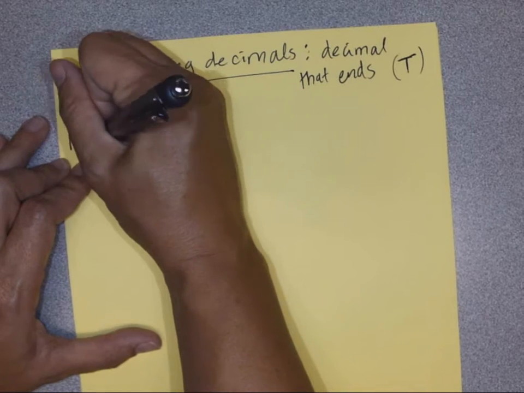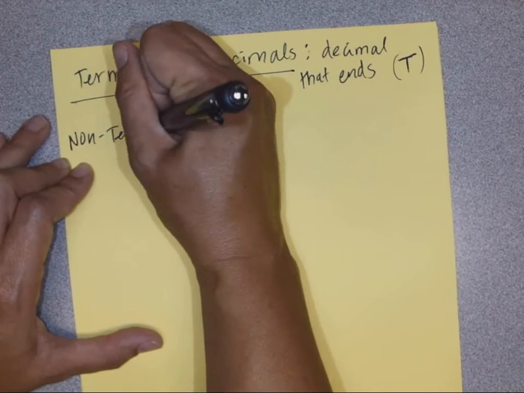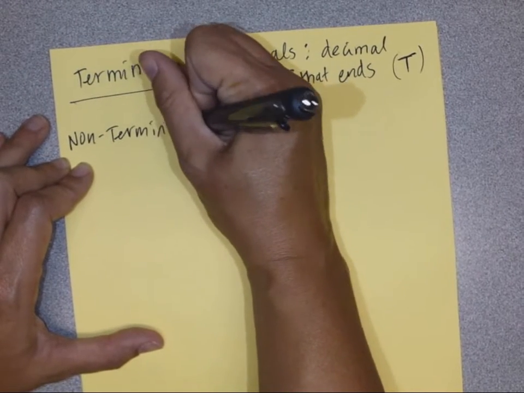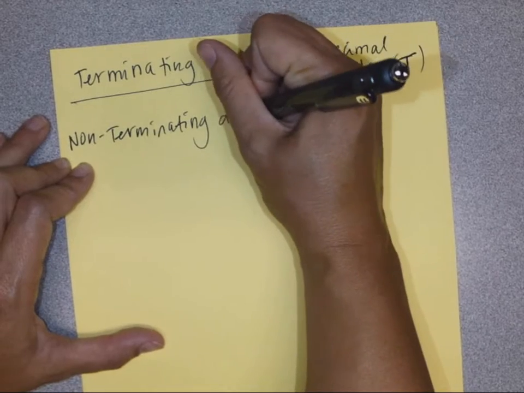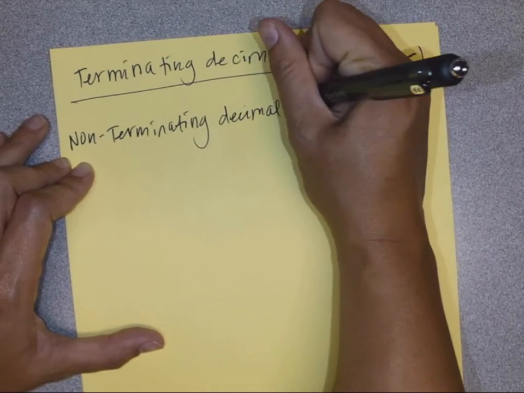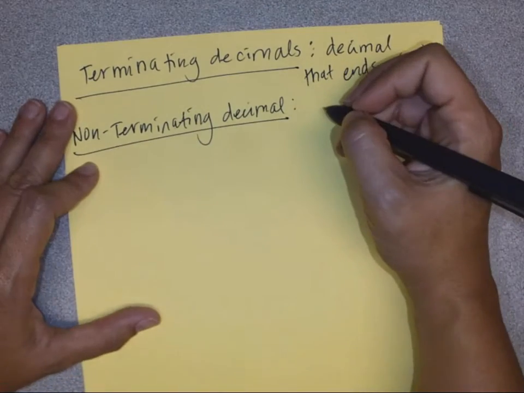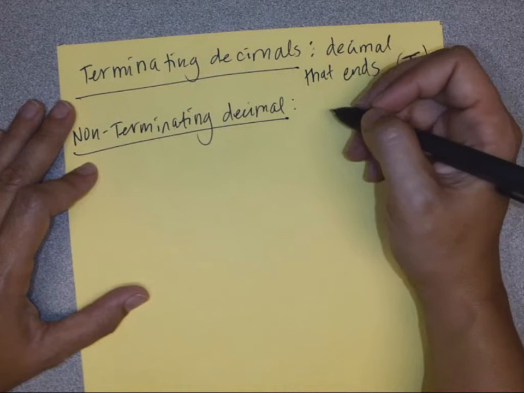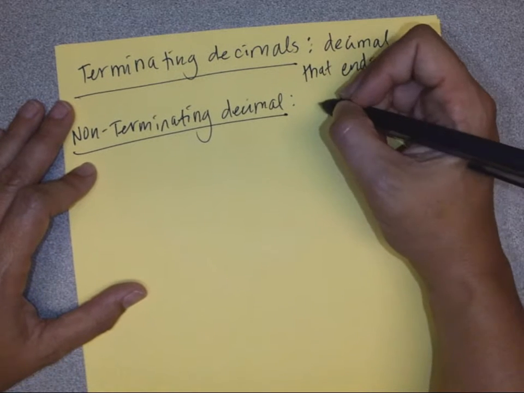A non-terminating decimal is a decimal that repeats with or without a pattern.